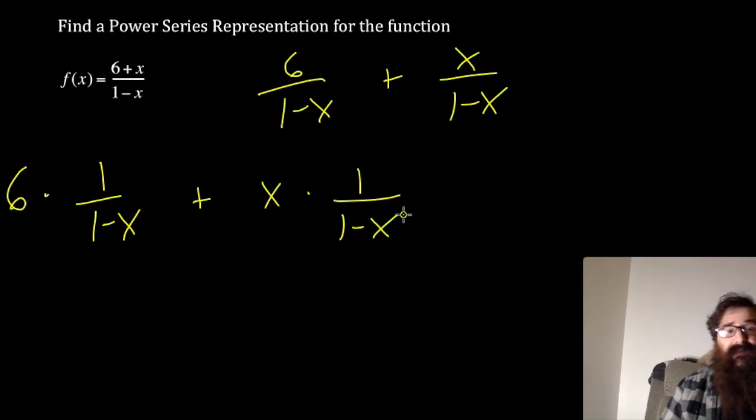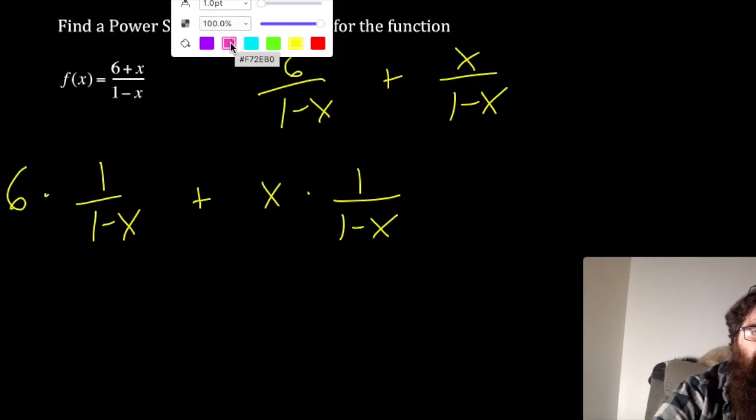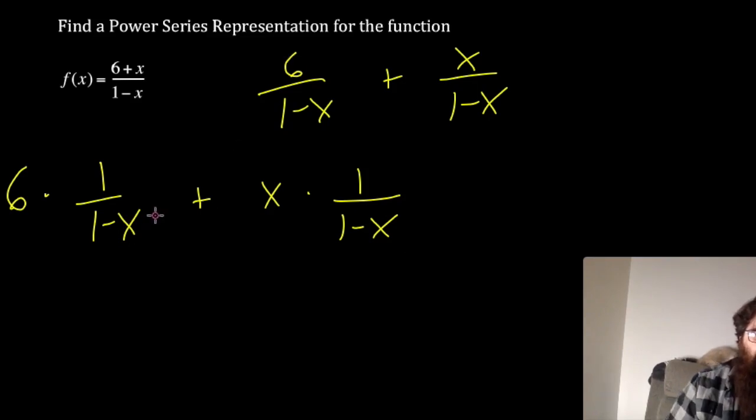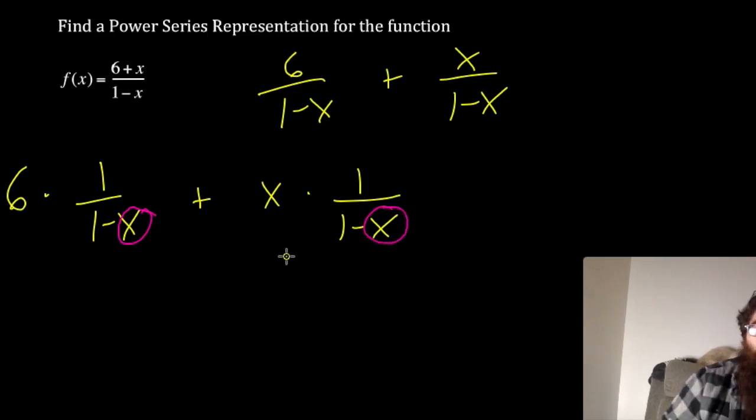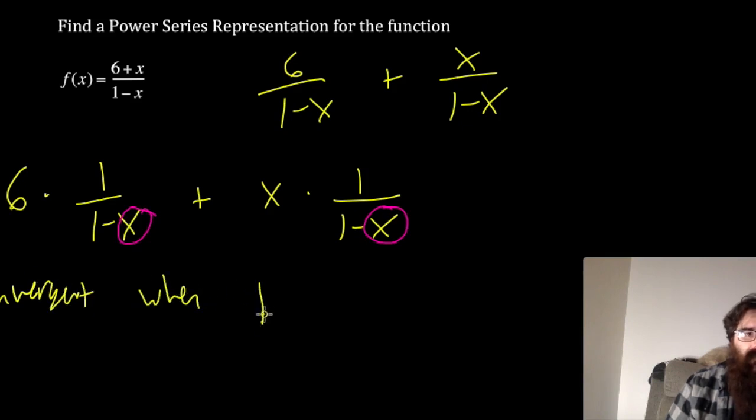And for each of these, I'm very lucky because for each of these, my 1 over 1 minus stuff, my stuff is just x. So let me circle this in the neon pink. 1 over 1 minus stuff, 1 over 1 minus stuff. And since it's identical for both of these, I can talk about them together in just one line of work. So this is convergent when the absolute value of stuff, the absolute value of x in that case, is less than 1.